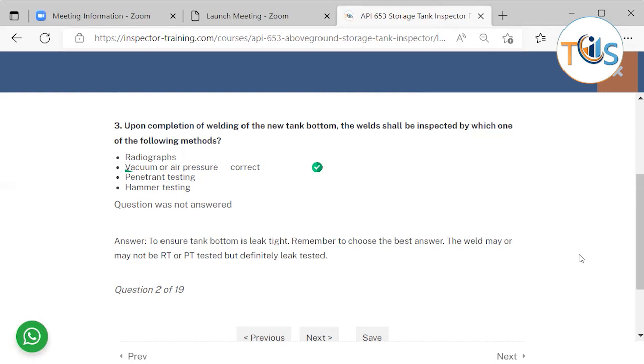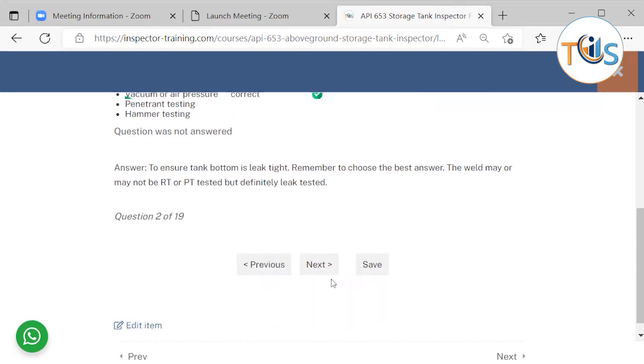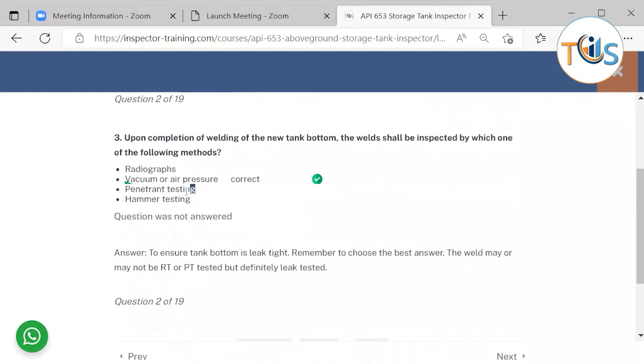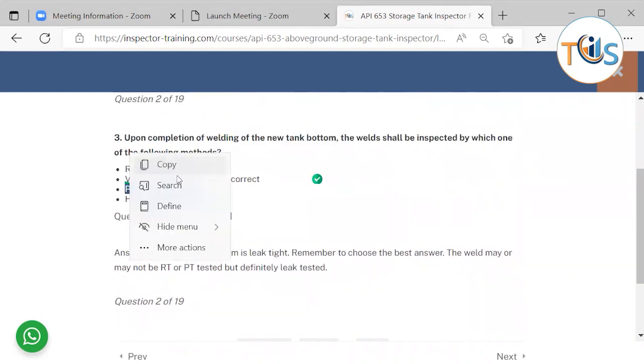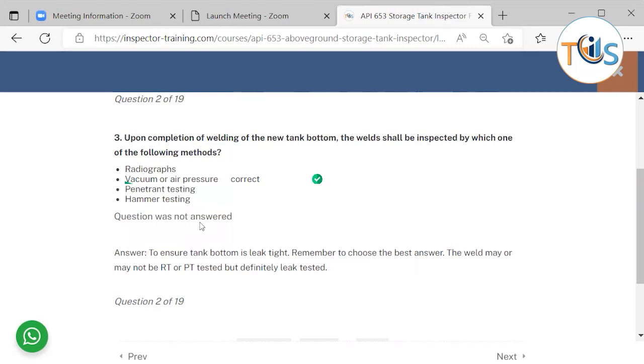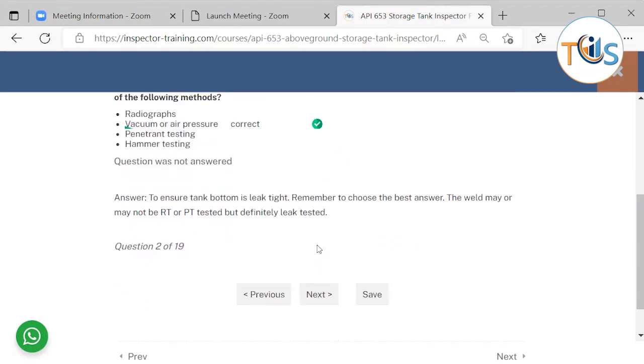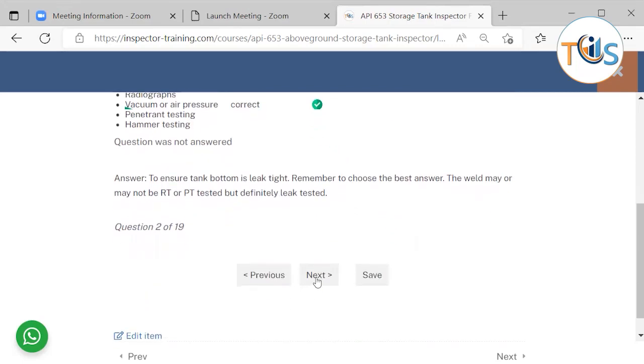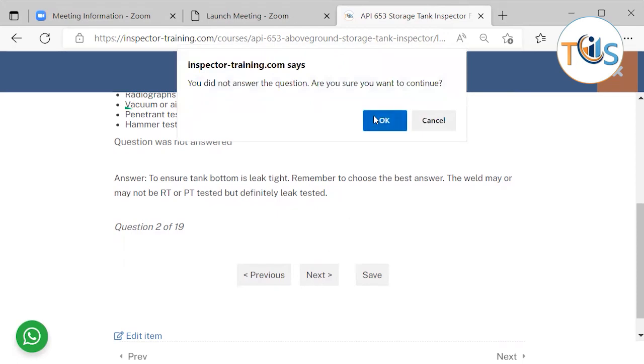So always choose the best answer; that's what API wants from you. The other things might be right in case they are required. Hammer test we don't do on the tank bottom after the repair, but the vacuum or air pressure test is a must, so that's the best answer.